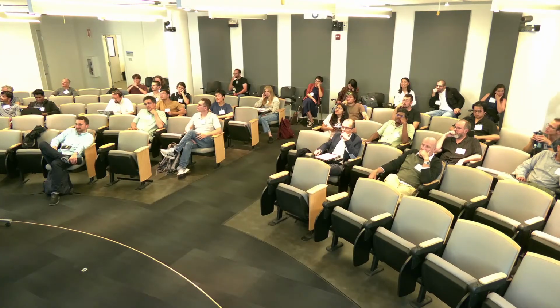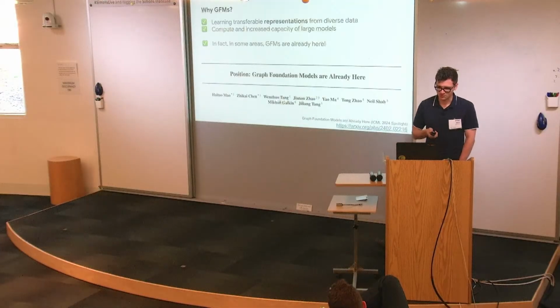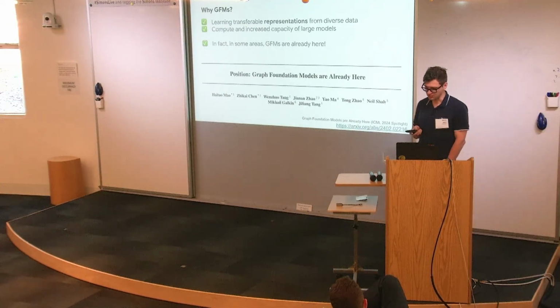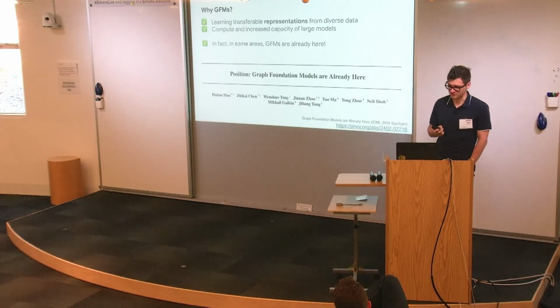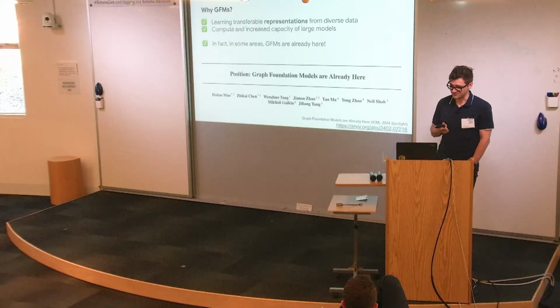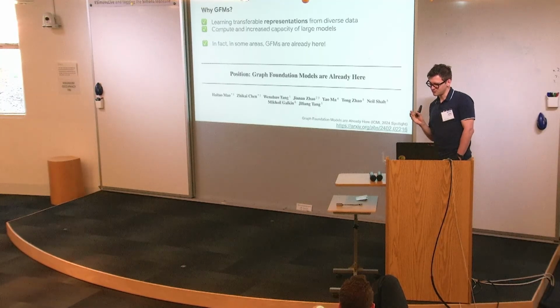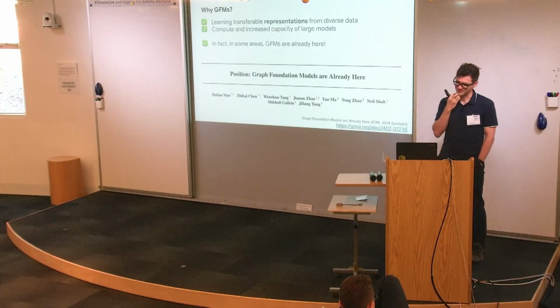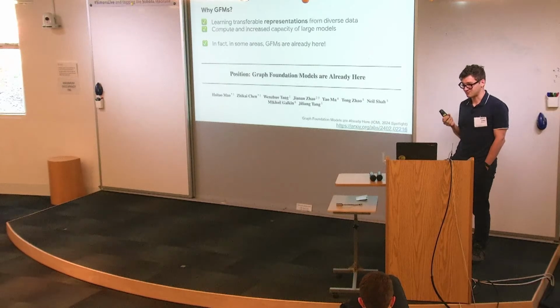So we want to learn those transferable, generalizable representations. We want to compute that we can use a lot of data and perhaps models of different sizes. And if we squint an eye, then we can actually see that there have been some first roots of graph foundation models. Something that we published last year at ICML Spotlight was a position paper: Graph foundation models are already here.